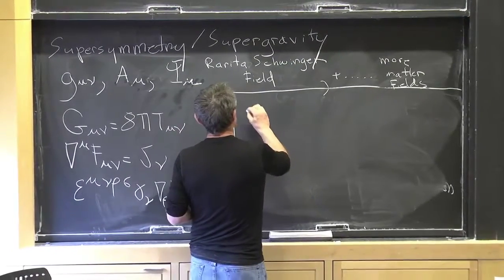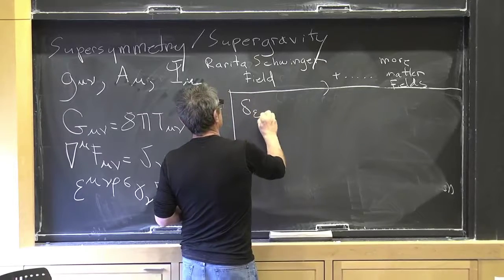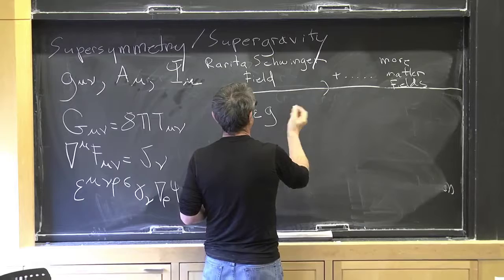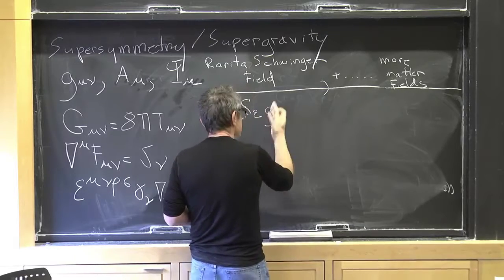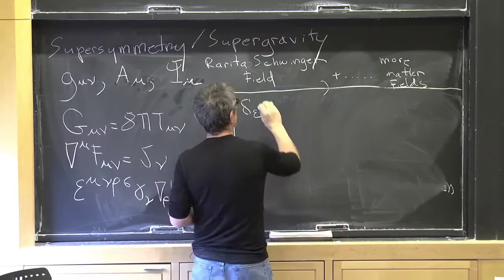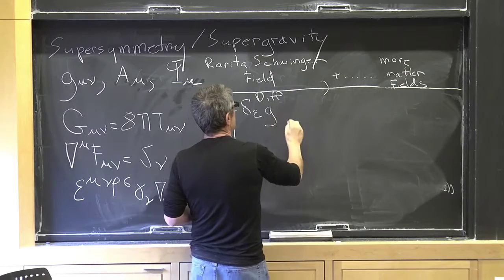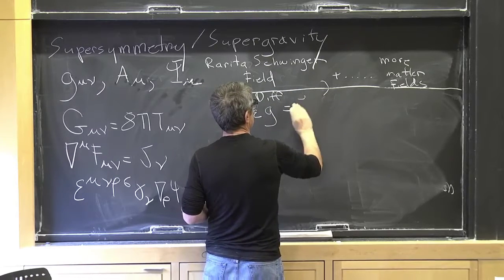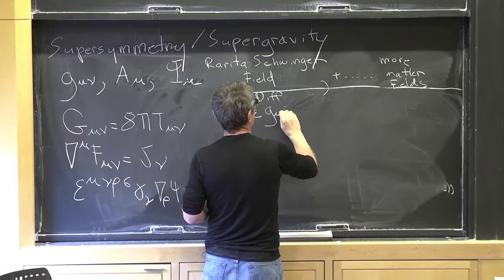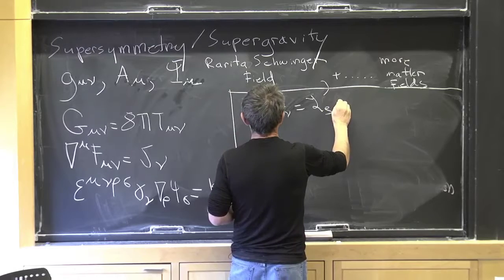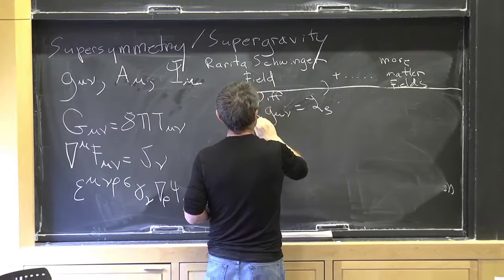And in that symmetry, we would have delta, it's the infinitesimal version of the symmetry, so this is diffeomorphisms, delta zeta g mu nu is the Lie derivative with respect, sorry, let me call it zeta.